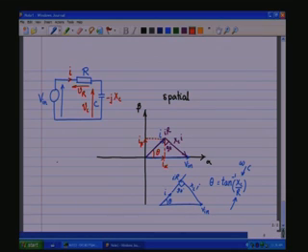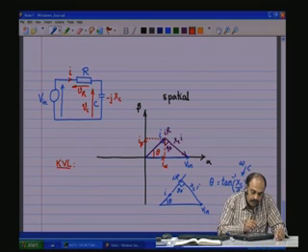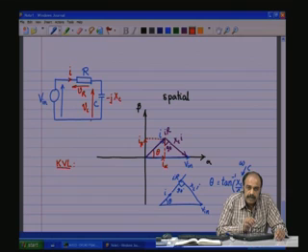So, we can now extend the KVL. We said that the algebraic sum of the voltages in a loop should add up to 0, that is Kirchhoff's voltage law.